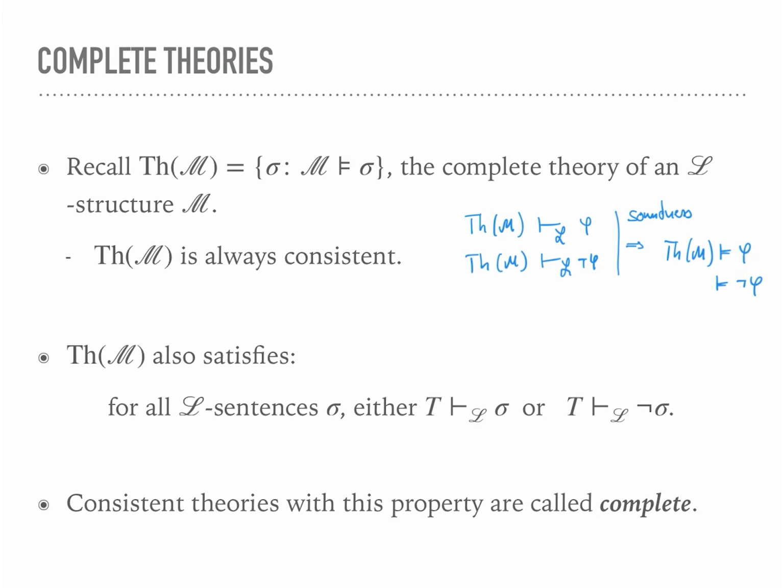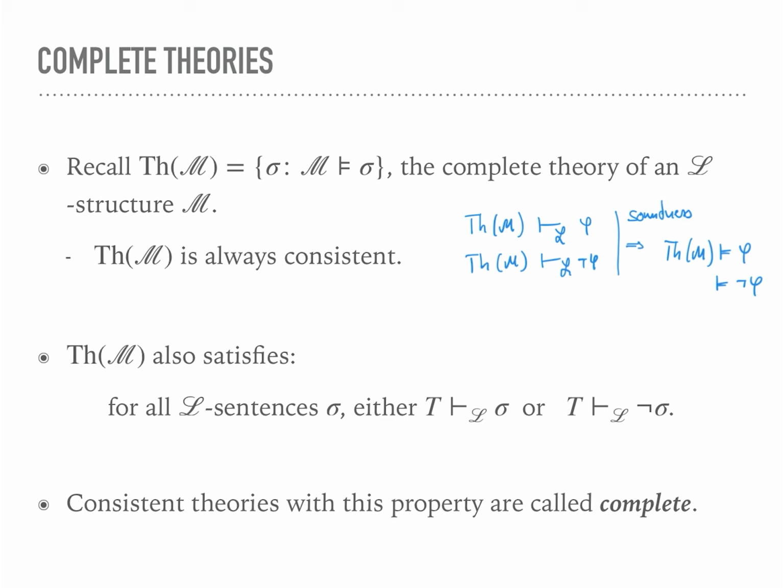So it is impossible that in a structure both phi and not phi hold. So that's why, via soundness, the theory of a structure is always consistent. So if I derive a theory from some specific concrete mathematical object, we always get something consistent from it.